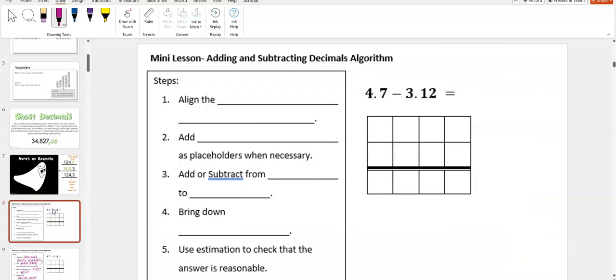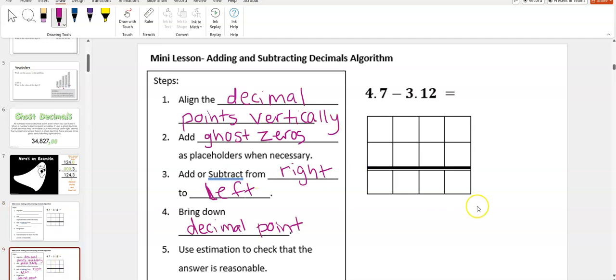All right, so let's go ahead and take our notes. I'm going to jump to this page because it already has the notes on it for you. When we are adding and subtracting decimals, it is very important to line up those decimal points vertically. The reason we need to do that is because even when you add whole numbers, we're always adding the same place value to the same place value.